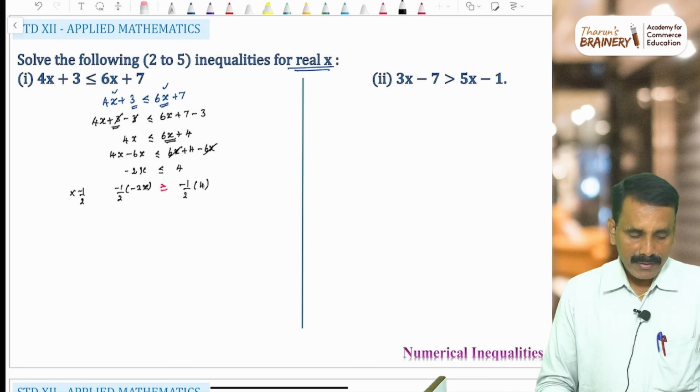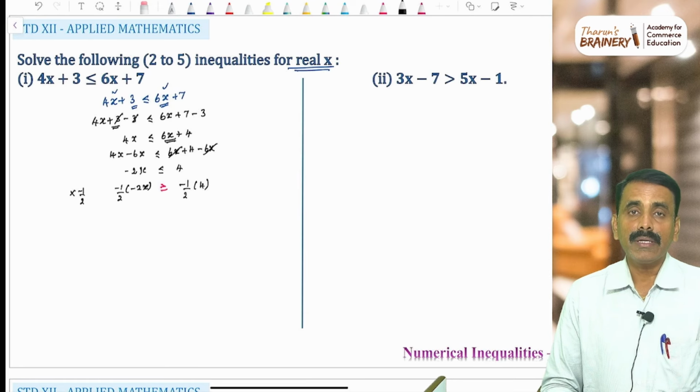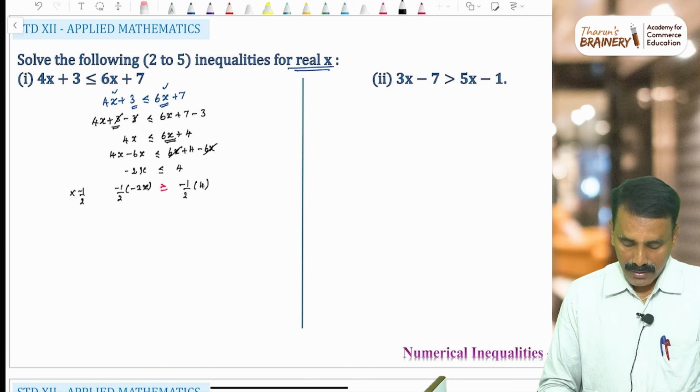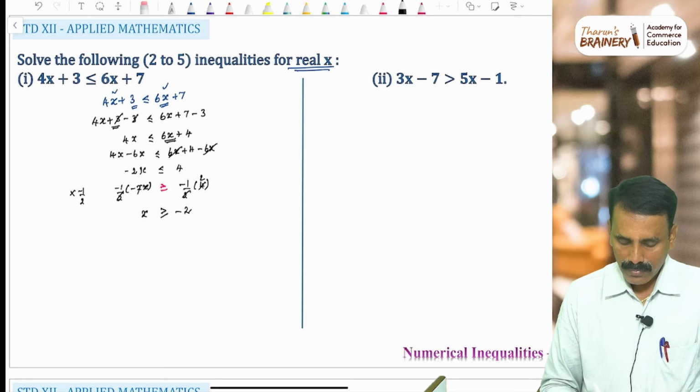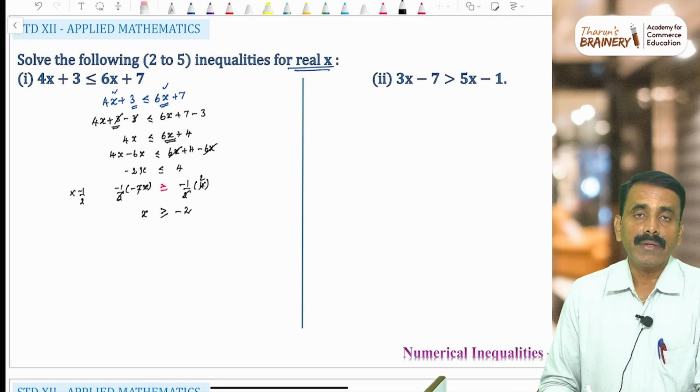So, when we multiply with a negative number, the inequality should get reversed. Minus into minus is plus, and 2 into 2 cancel. So, the answer is x greater than or equal to, we divide this, 4 by 2, minus 2. So, the inequality is maintained.